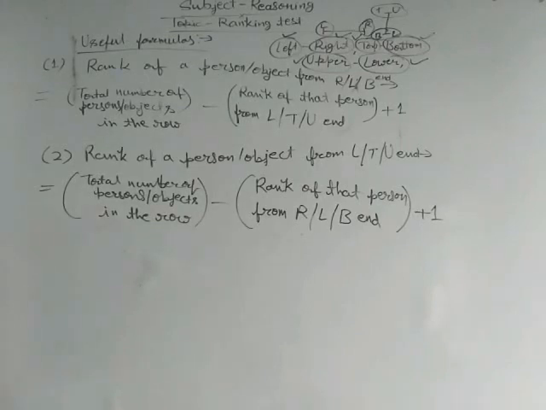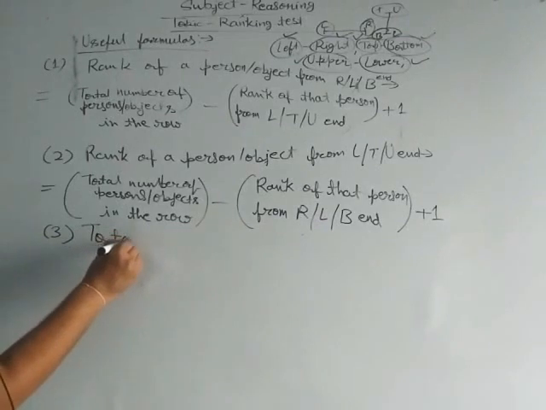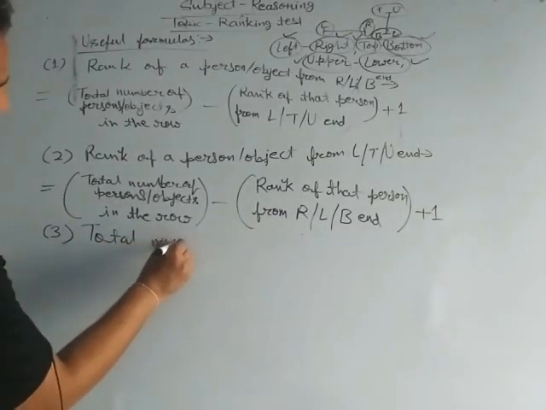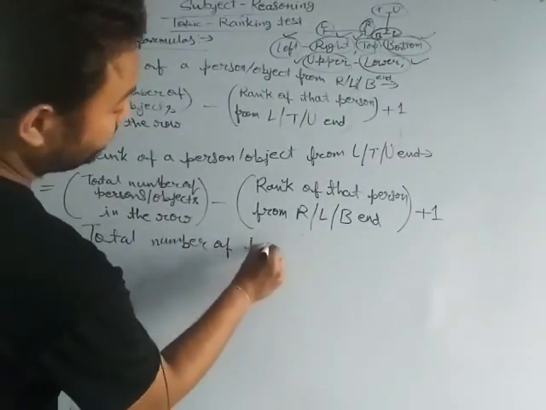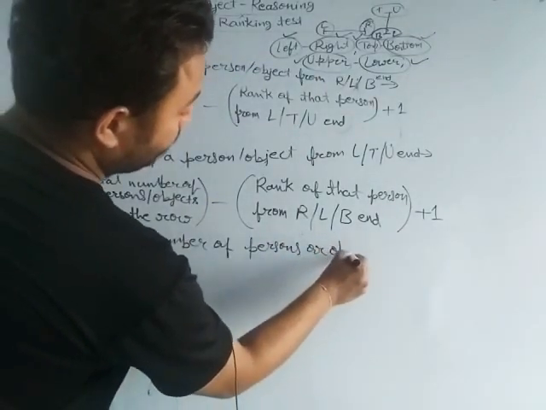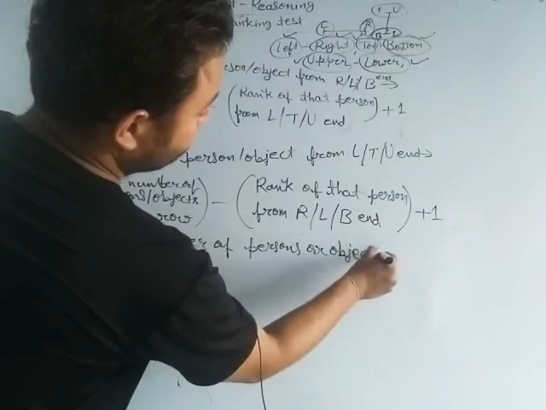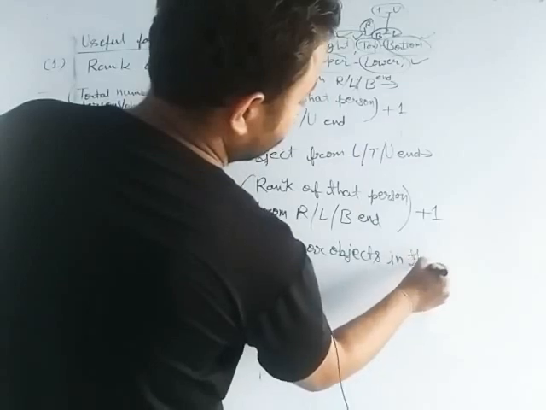Now the next formula is for the total number of persons or objects in a row. The third formula: total number of persons or objects in the row.